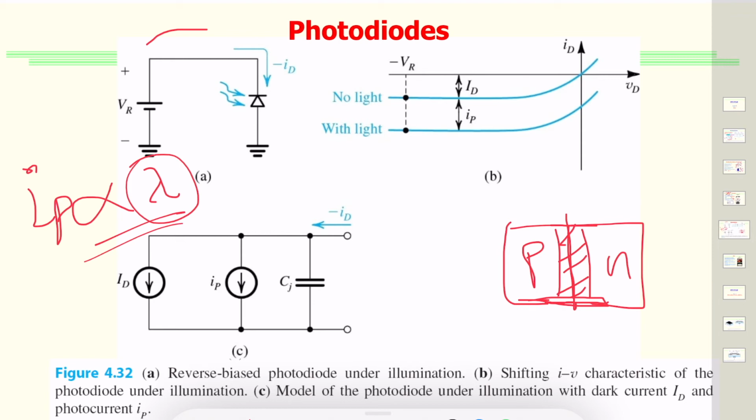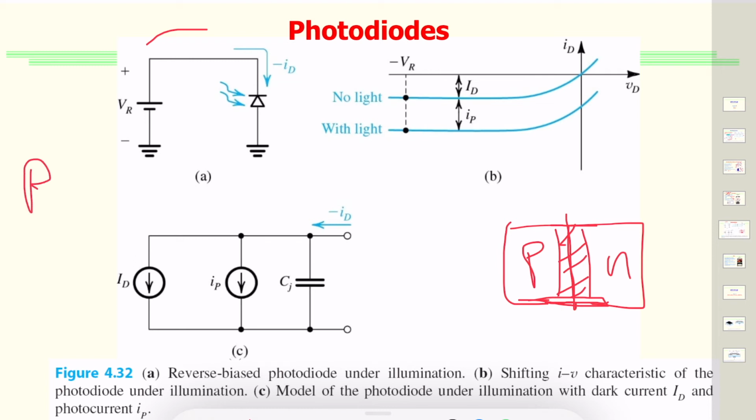Such a diode is called a photodiode because it converts a light signal into an electrical signal. We use a parameter called responsivity to characterize a photodiode. The photocurrent equals the responsivity times the power.